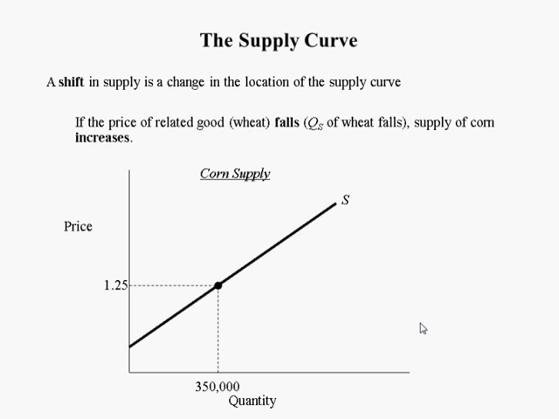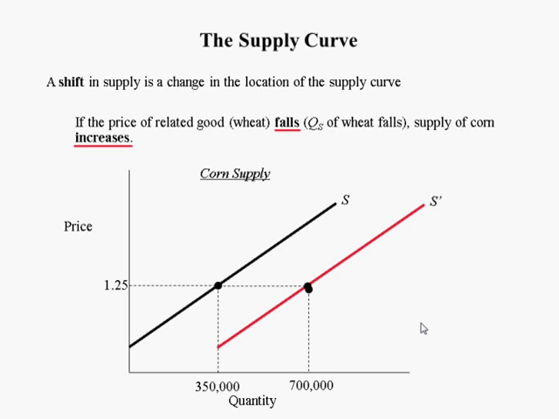So the price of wheat falls, it's no longer profitable to grow wheat, so the farmer grows corn instead. So the farmer increases the quantity of corn it's going to supply. And because the price is being held constant, the supply curve increases.